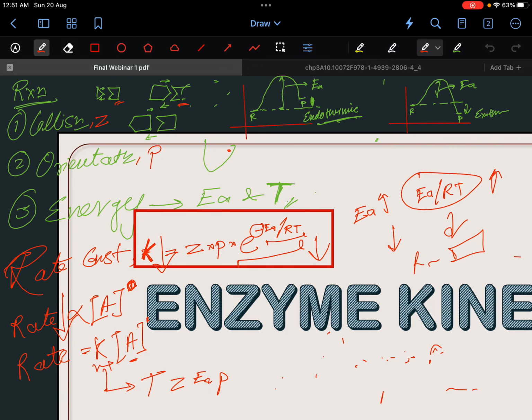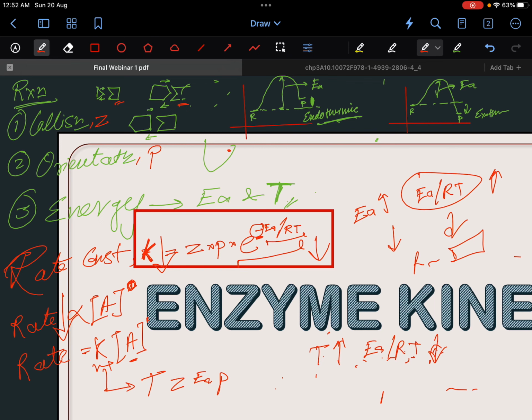So from this equation we can interpret that if activation energy is low, the rate constant will be high, since there is a negative sign. If the rate constant is high, the rate will be very high when multiplied by the substrate concentration. Now if temperature is high, will Ea by RT be high or low?